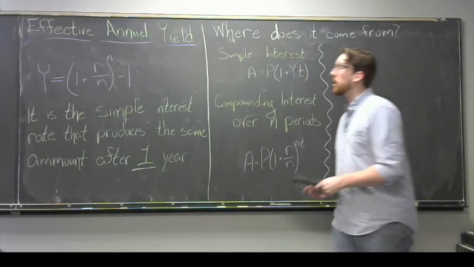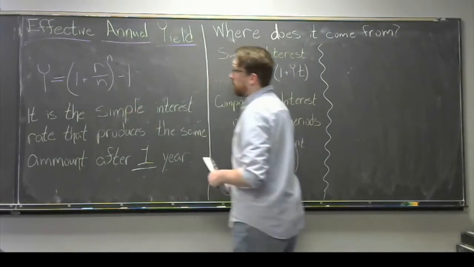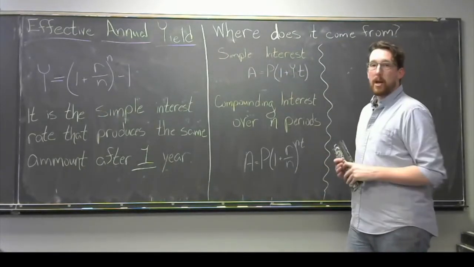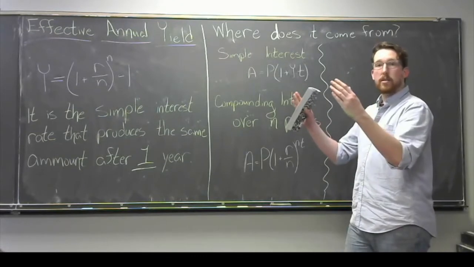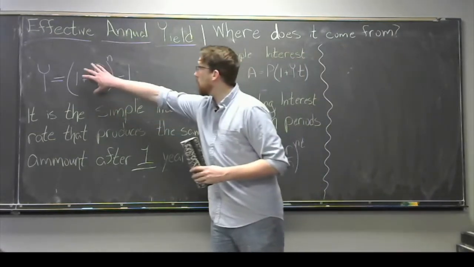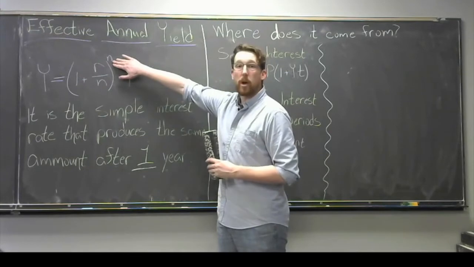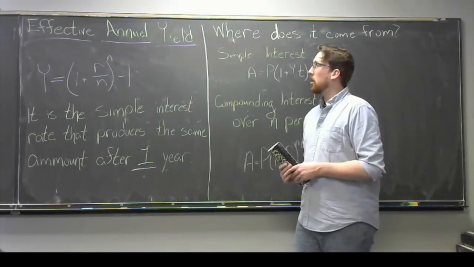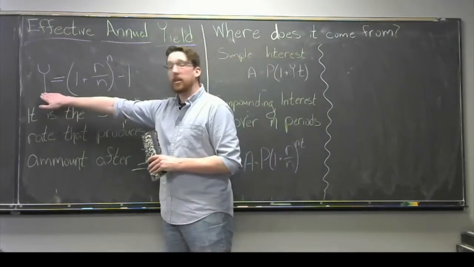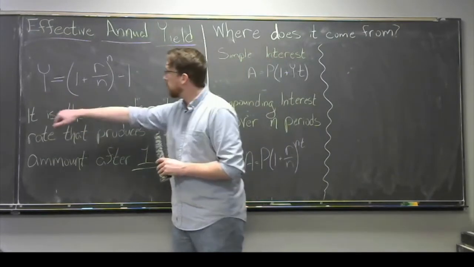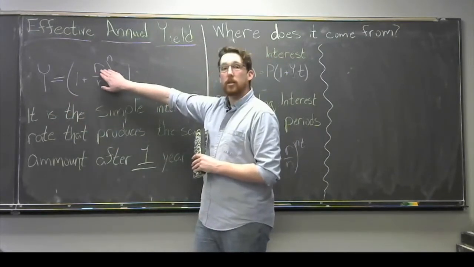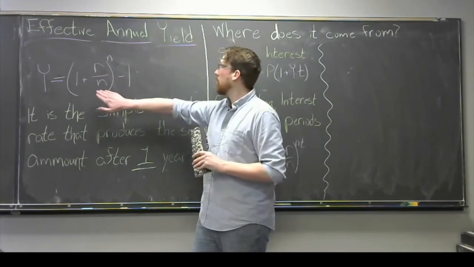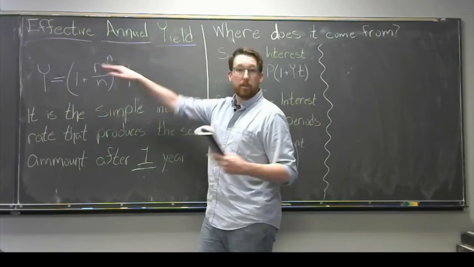The way it's calculated is using this formula right here: y equals 1 plus r divided by n, all of that as a whole quantity, raised to the n, minus 1. What y is here is your simple interest rate, what r is your compounding interest rate, and what n is the periods, right?